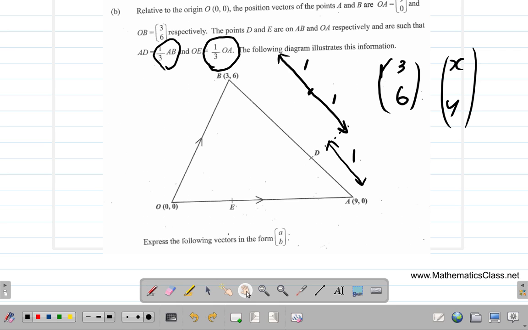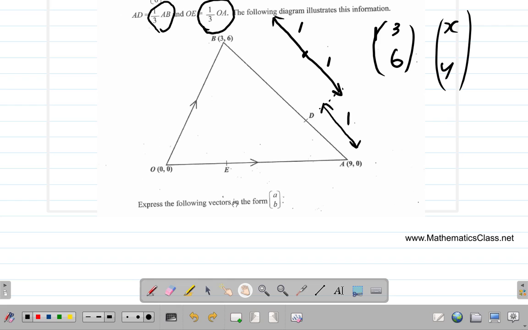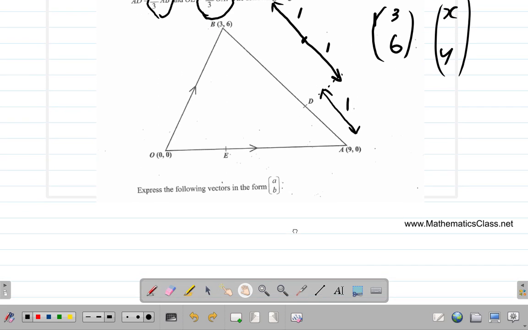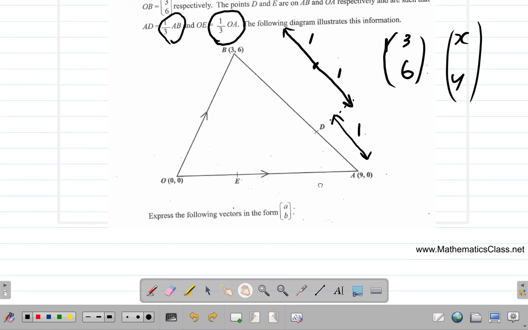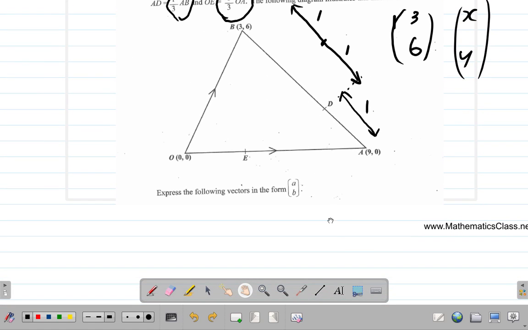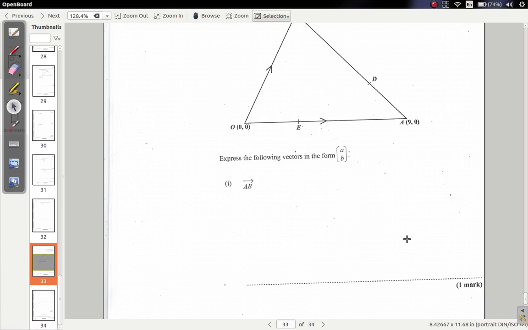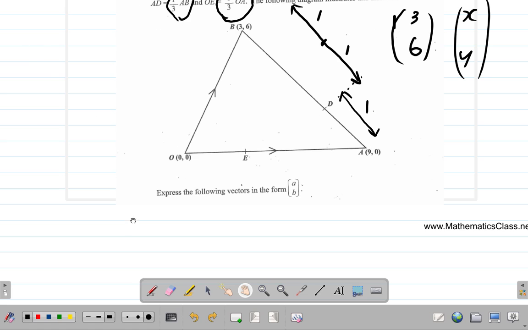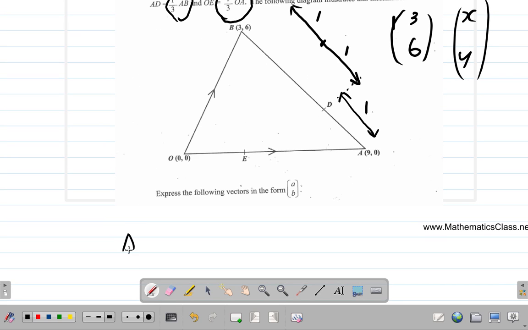Now, your question here says, express the following vector in the form of a column vector. Now, where are the vectors? Let us see. I had copied this over to the other screen. So here we have AB. We need to express AB in that form. What is AB?